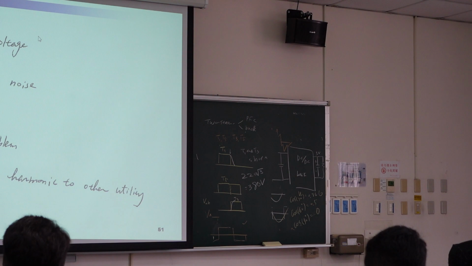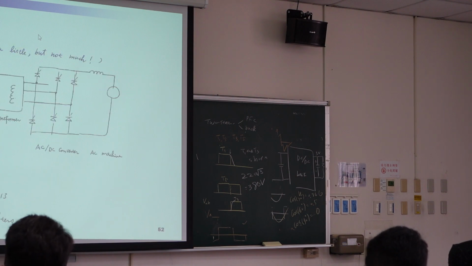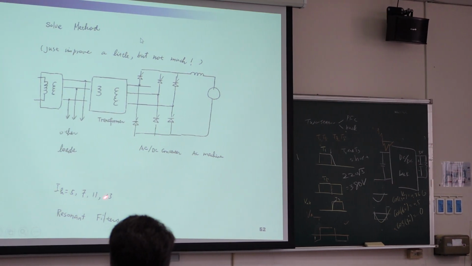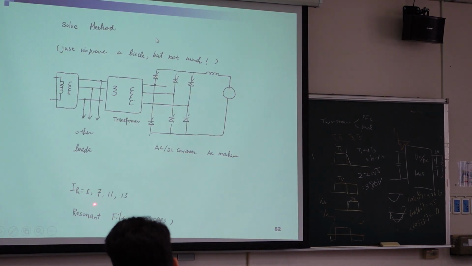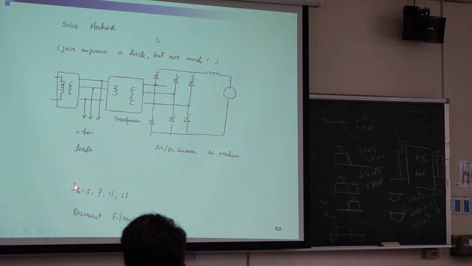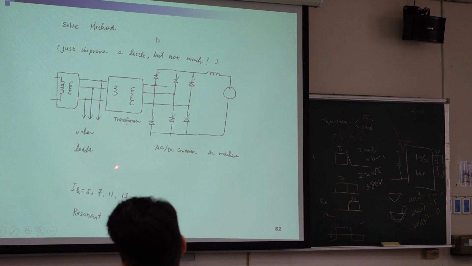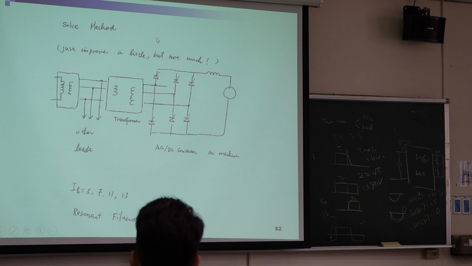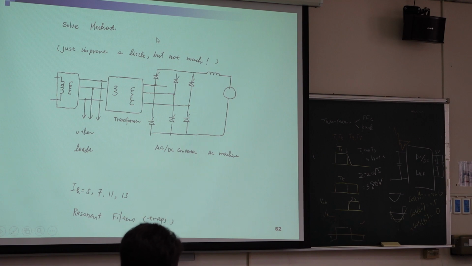So what can you do? You have to design a passive filter. Now we have to design filters for I5, I7, I11, I13 to trap the harmonics.